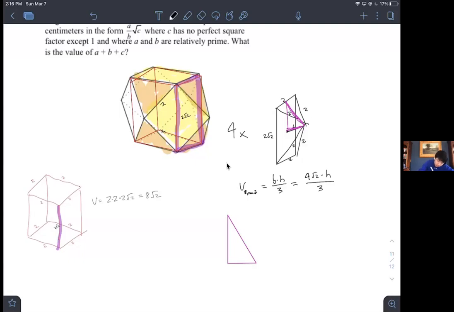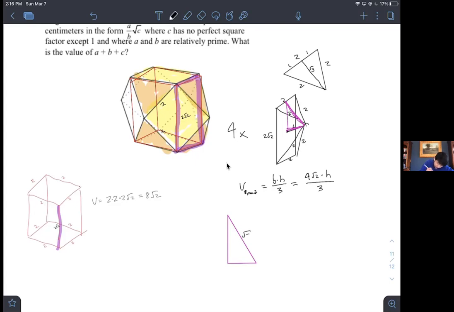So what is the length of this diagonal over here? Well, that's part of this equilateral triangle with side length 2. And the height is going to be, this is length 1, so this is root 3.